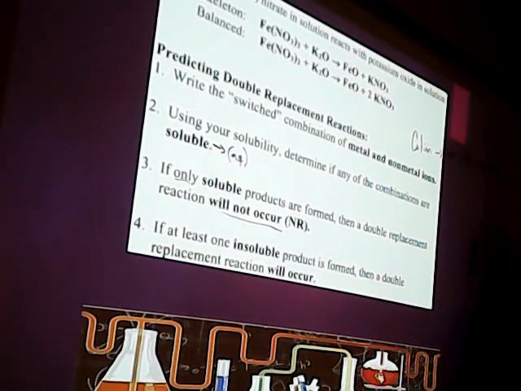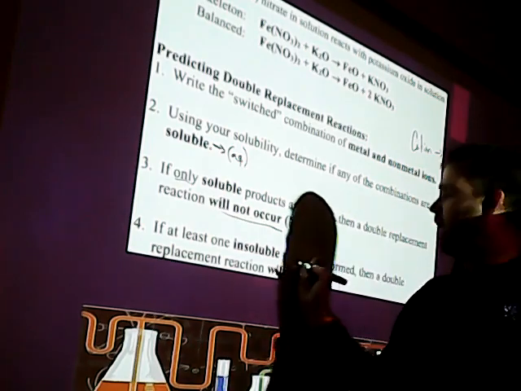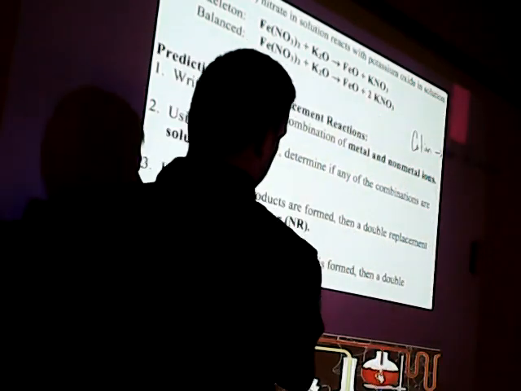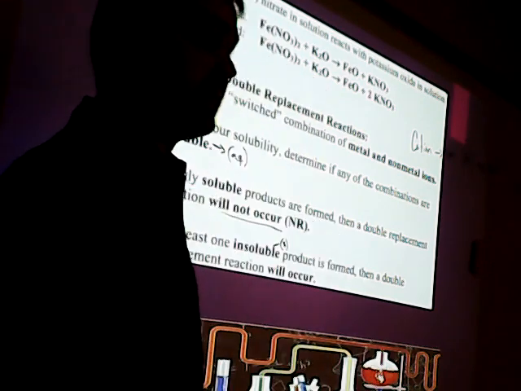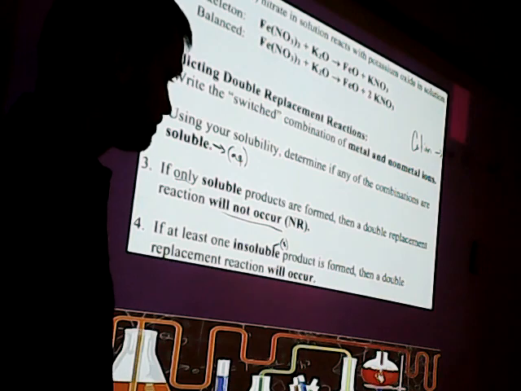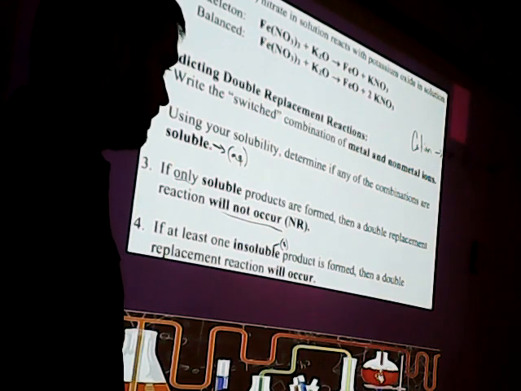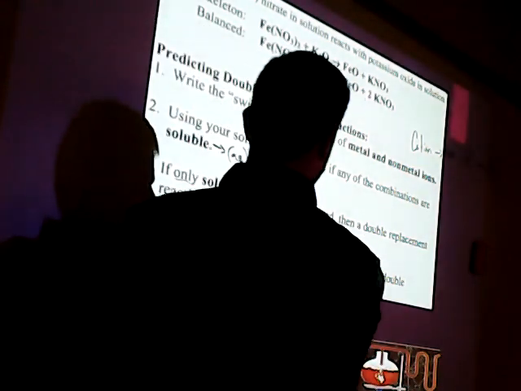Both of your products are going to be aqueous. Okay? If at least one insoluble product is formed, insoluble means solid. That means a solid is going to be formed. Then a double replacement will occur.